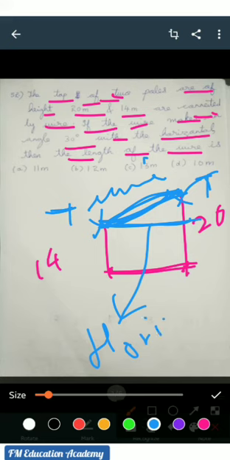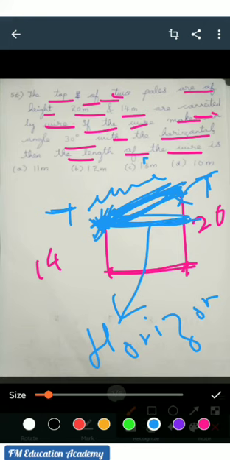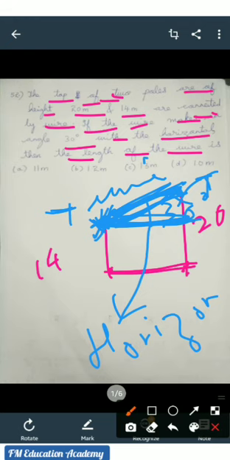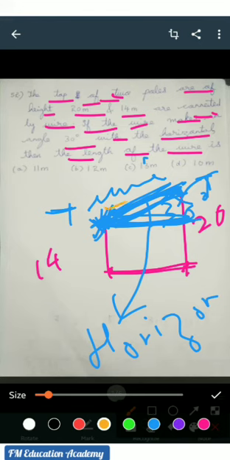Why is this my horizontal now? Because this is my wire, and the wire at the last end is connected to the top of the pole. So from the top of the pole, the wire is making an angle of how much? 30 degree with the horizontal. Okay, so this is my figure. Now it is asking us what will be the length of this wire. Okay, so we know this total is given as 20 and this total is given as 14.